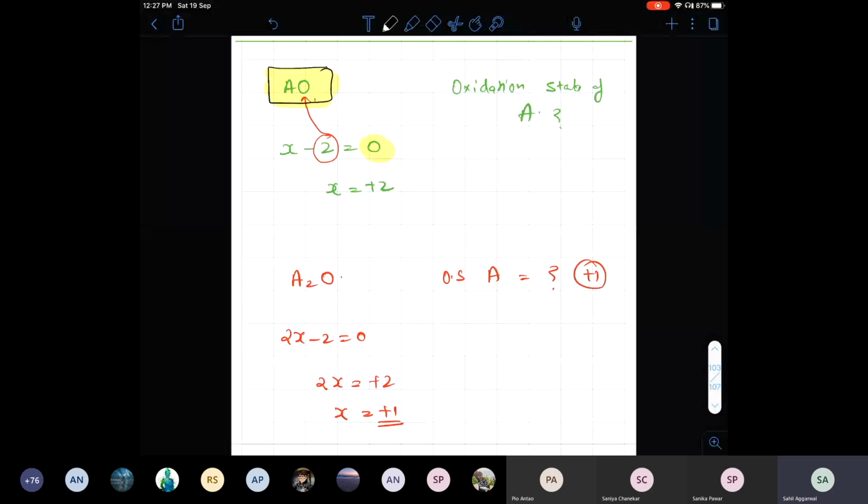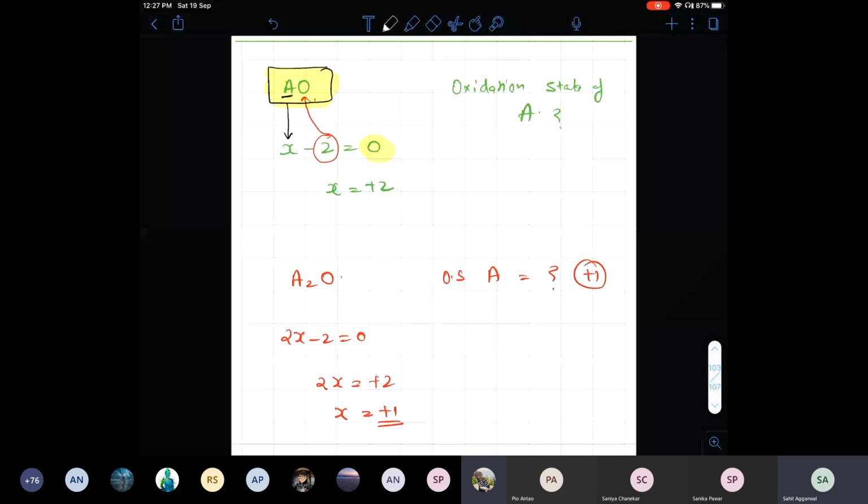We want to know the oxidation state of A. So for which element you are looking for, that you have to put X. Here you want to know about A. You will put A as X.